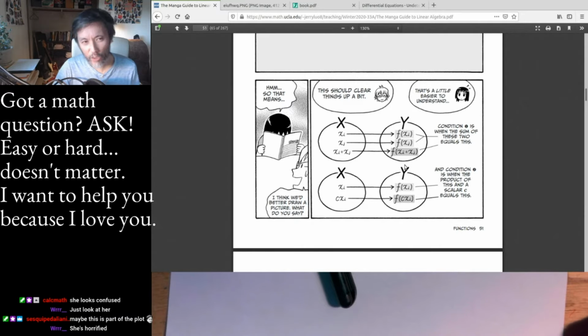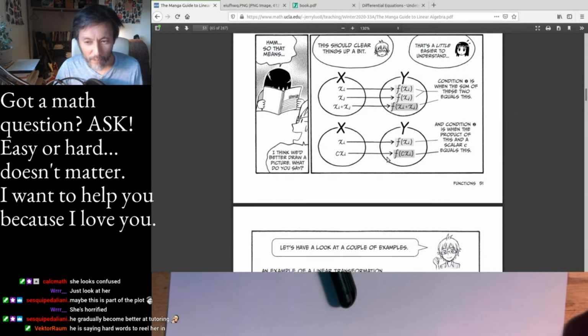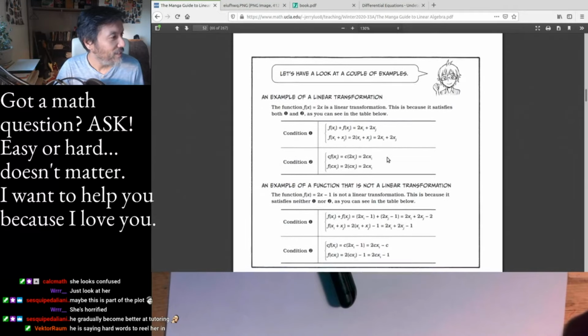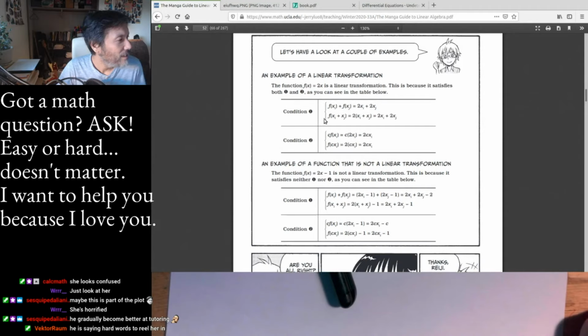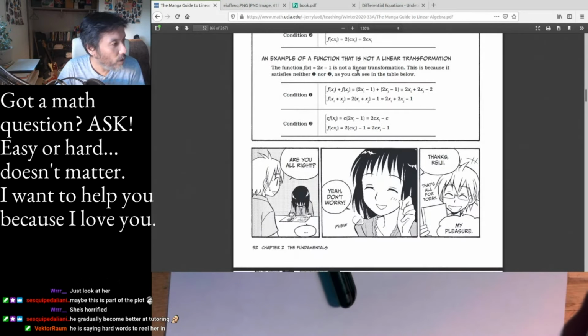Pictures. Pictures are great. The function f of x equals 2x is a linear transformation. That's because it satisfies 1 and 2. Feels good. 2x minus 1 is not a linear transformation.